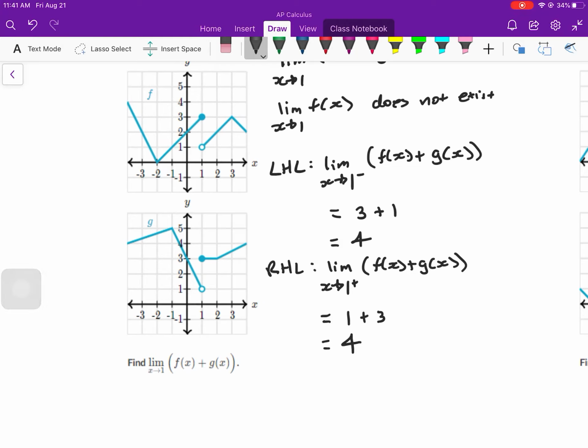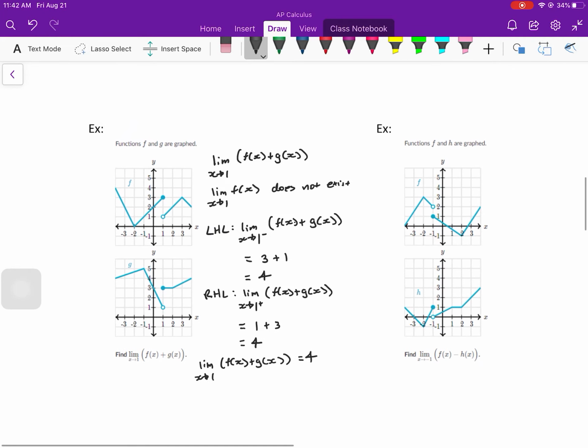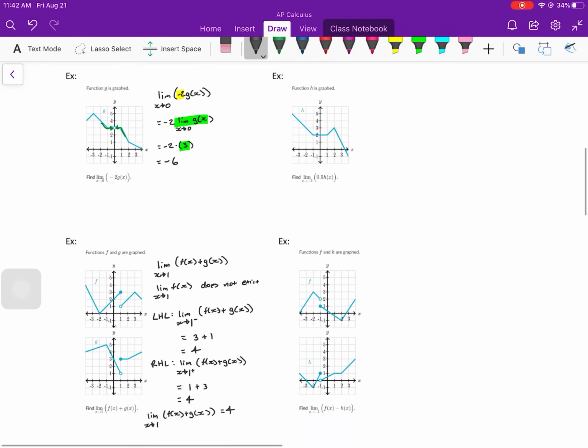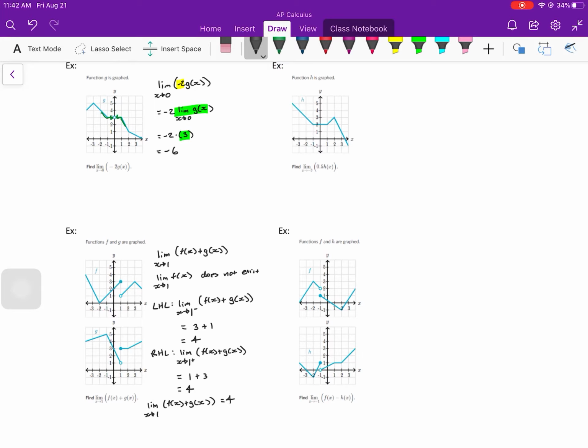So since the right-hand limit and the left-hand limit are both the same, and they're 4, we could say that the limit as x approaches 1 of f of x plus g of x is actually 4, because it's approaching the same thing from both the left and the right. And there's a practice problem there. We could do that in class. Same with that whole right column, but those are more or less the examples you need.